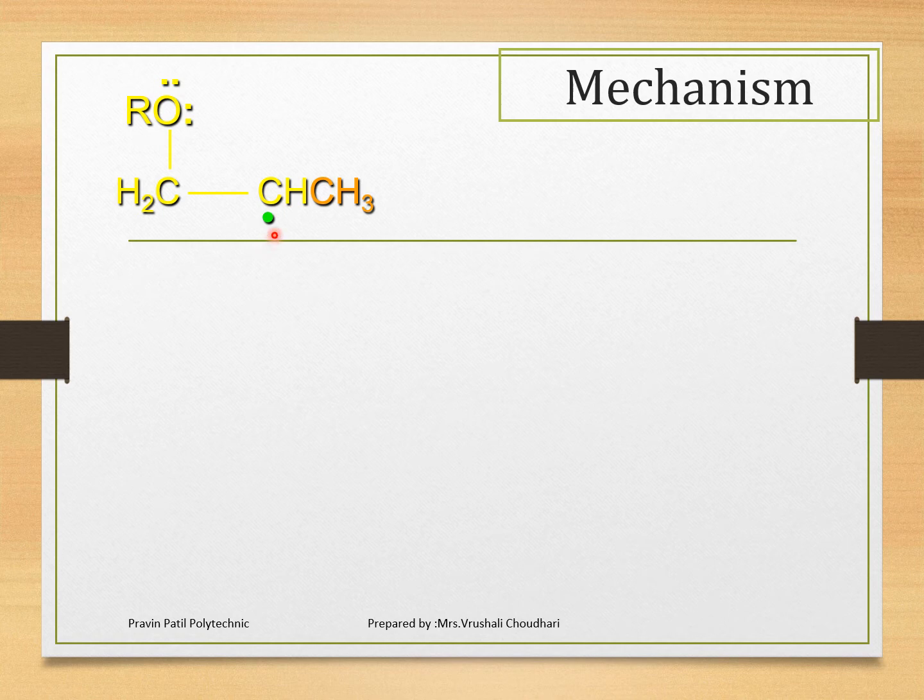This carbon has a free radical, one free electron. Here we also observe another monomer having a double bond. These two get attached to each other as they have a single free radical.